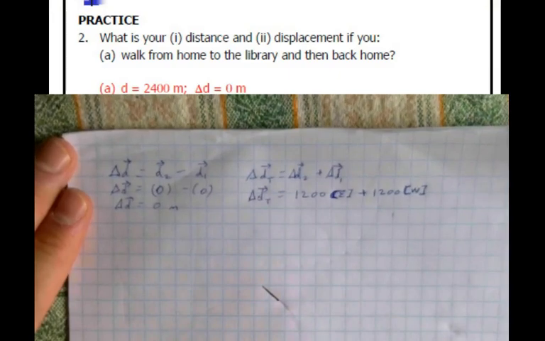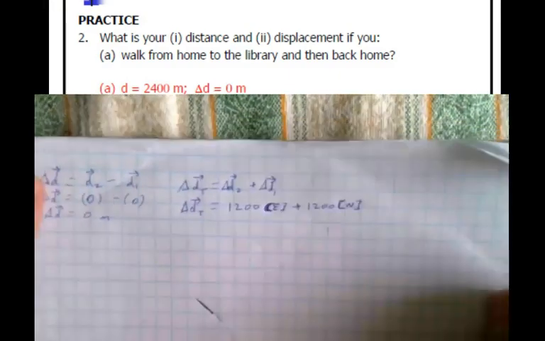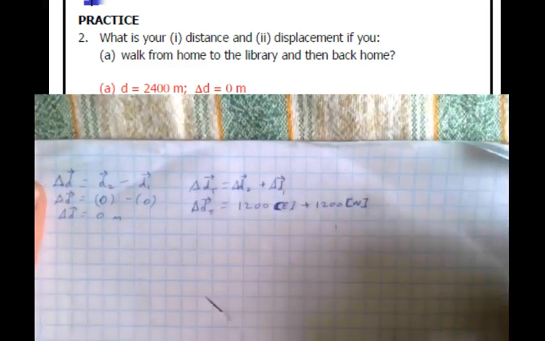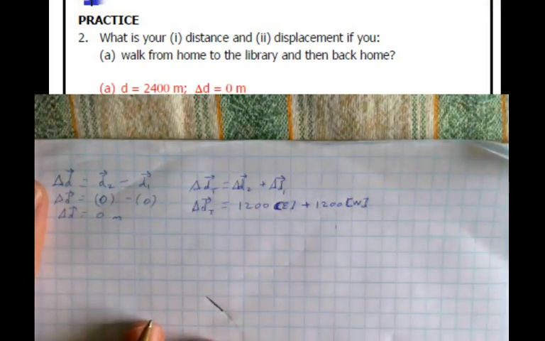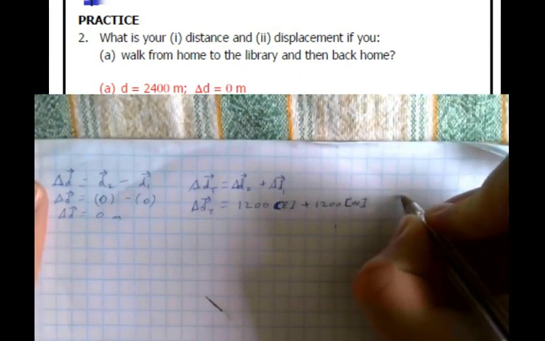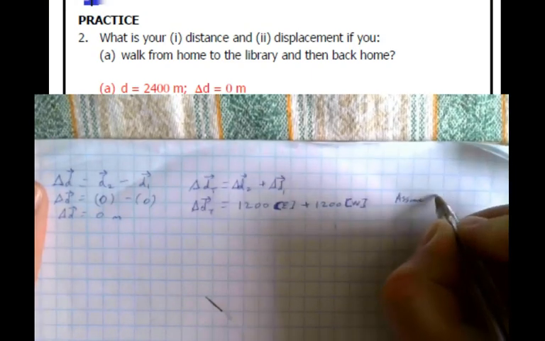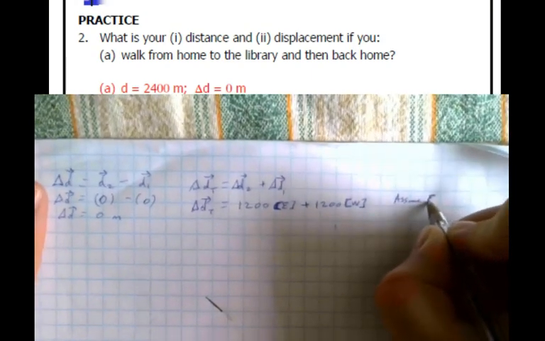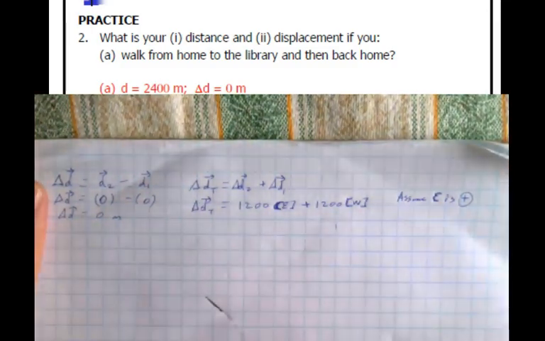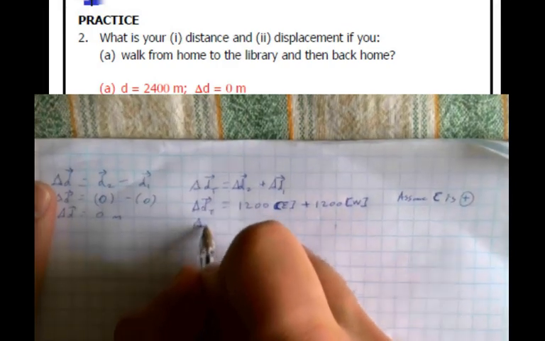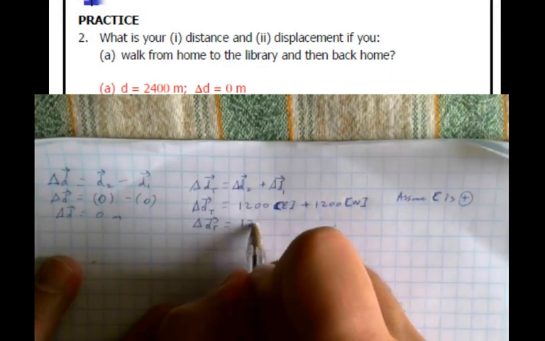When we're working with vectors, it's often assumed which direction is positive and which is negative, but it is a good practice to state it here, and I'll do this on the side: assume east is positive. So my east direction is positive. That means on my next line, I can rewrite this without the directions.